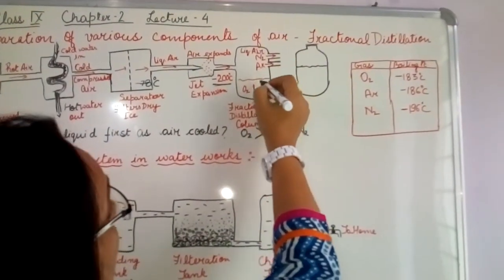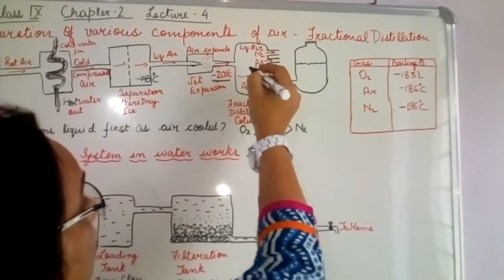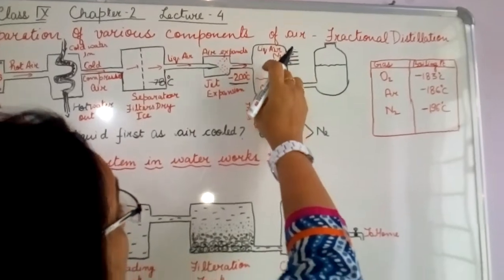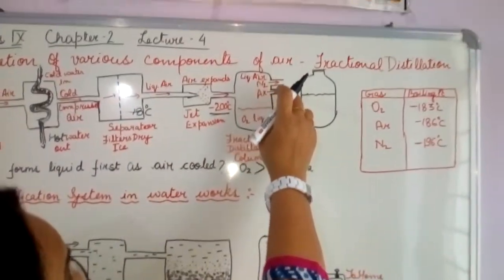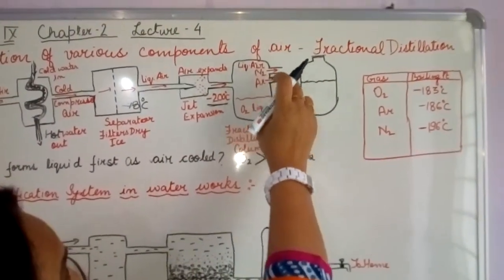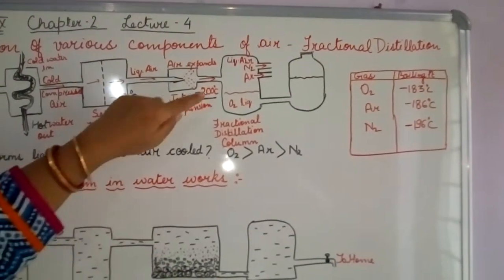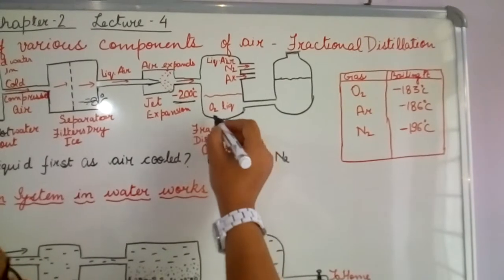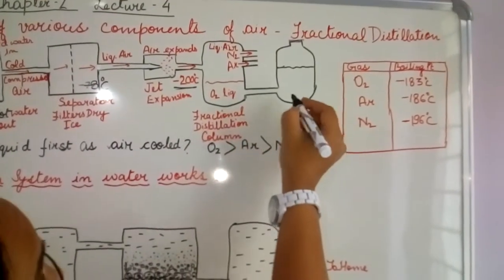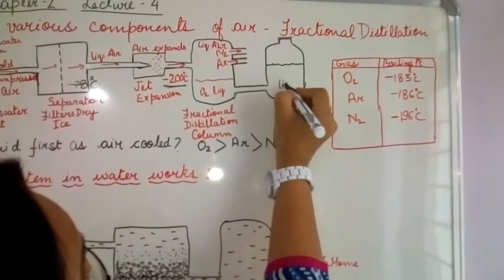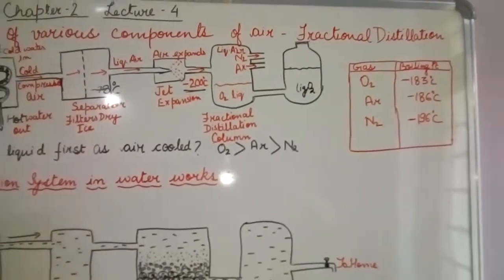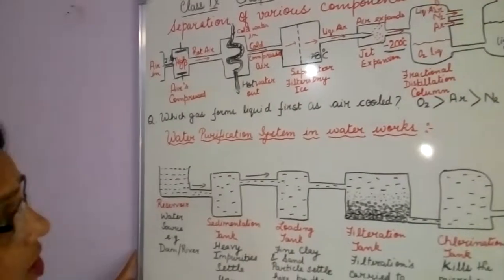Then, as we further increase the temperature, at minus 186 degrees Celsius the liquid argon starts boiling and gets converted into gaseous form, and it is collected. You can see it in the second part of the chamber, and what we are left with is only liquid oxygen. So the liquid oxygen can be separated now. We have separated out liquid oxygen.